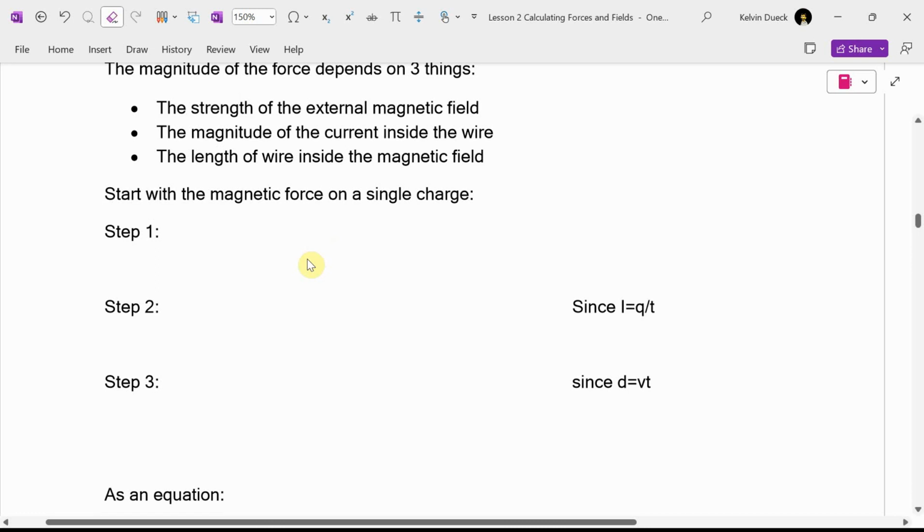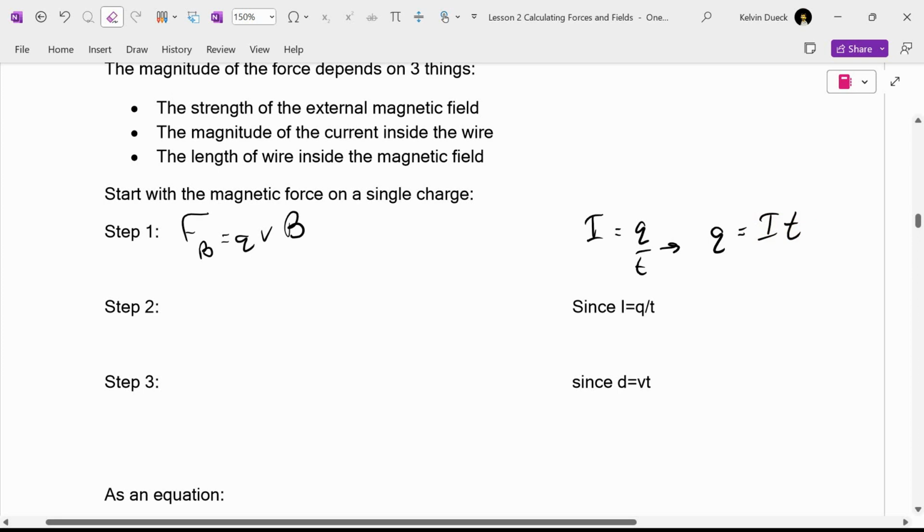We're going to start with a single charge. We said this: F_B equals QVB. Current is Q over t. That means that I can replace Q with current times time.